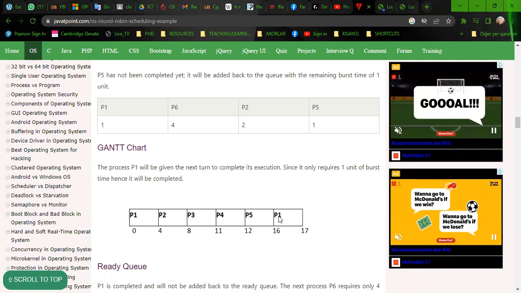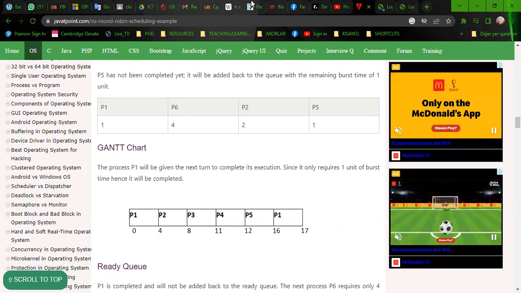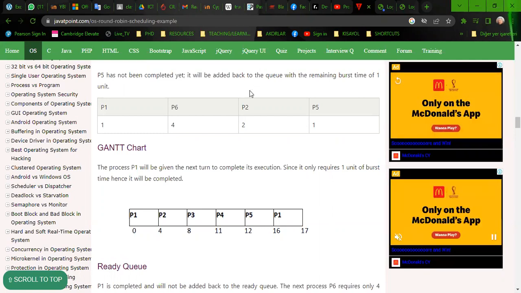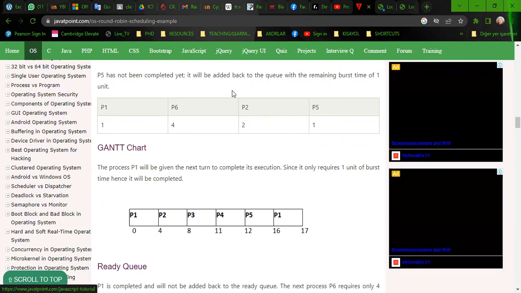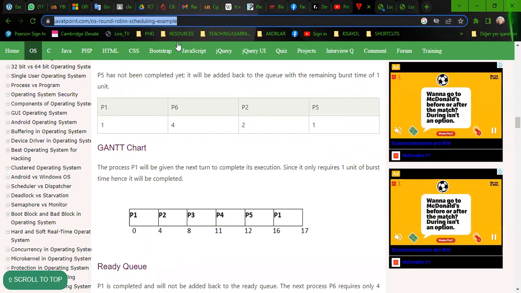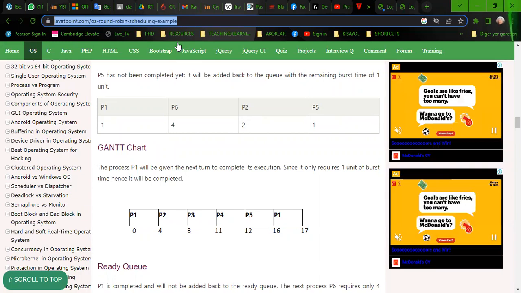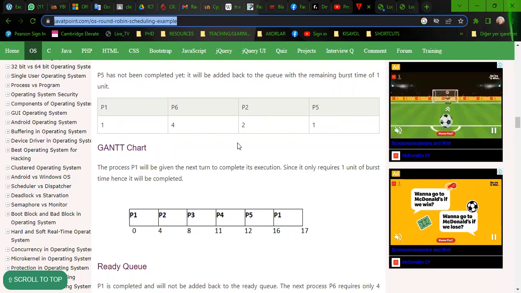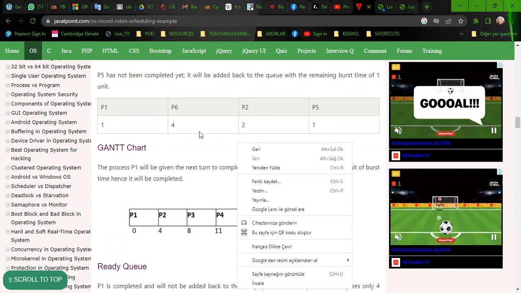Is it clear or not? Who asked me this question? I told you that you can check the video of that Indian lady, and also in the slides I put a link explaining the round robin example, because while I am solving the question, I'm not doing it like that because it needs so much space.